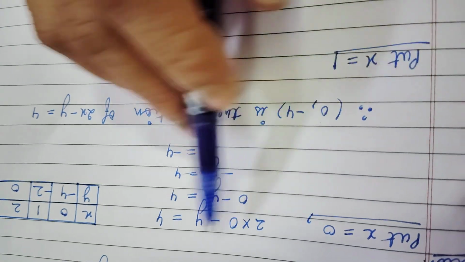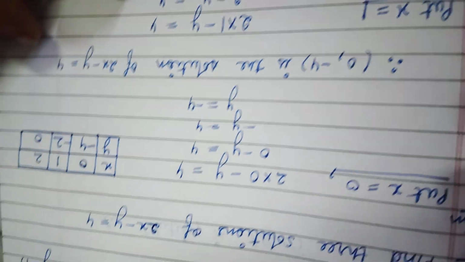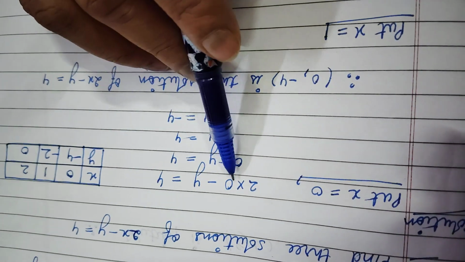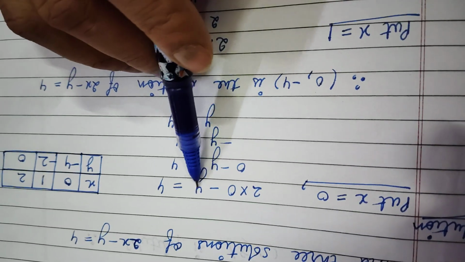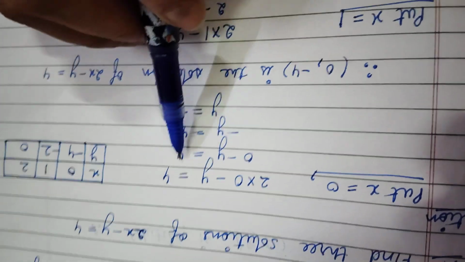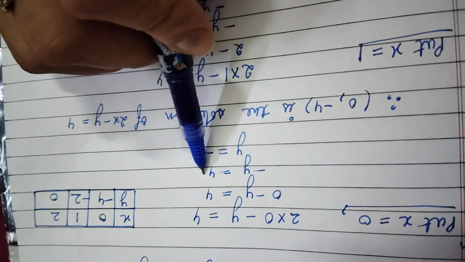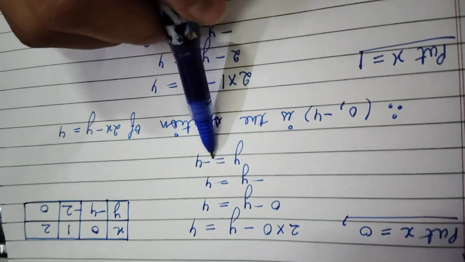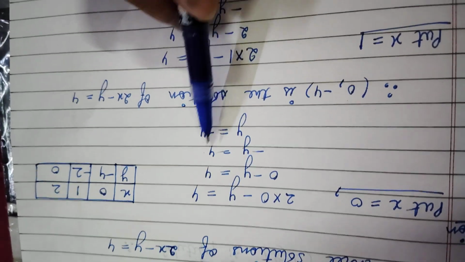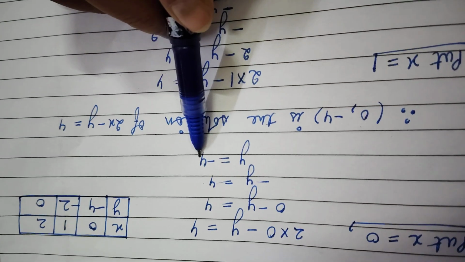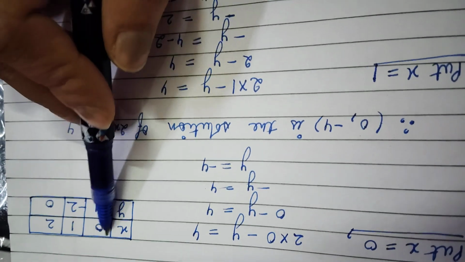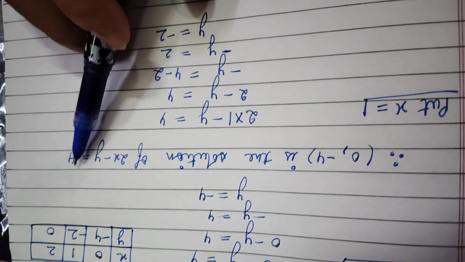Now put x as 0 in this equation. 2 into 0 minus y is equal to 4. 2 into 0 is 0, so minus y is equal to 4. This minus y will go to the RHS. So y is equal to 4 upon minus 1, which is minus 4. So x is 0 and y is minus 4. This is the first solution of this equation.